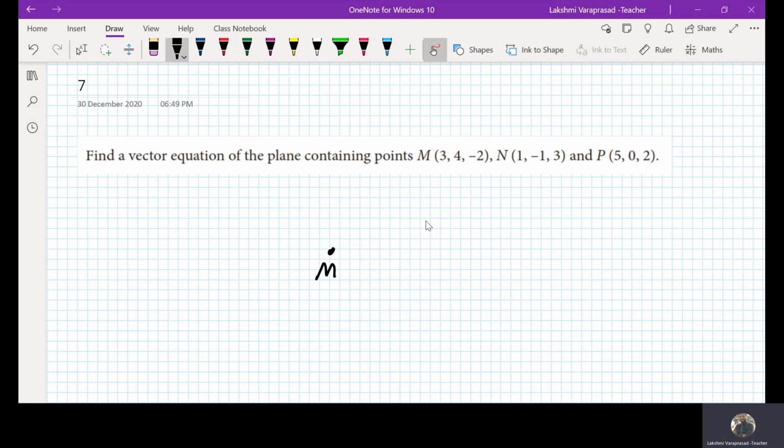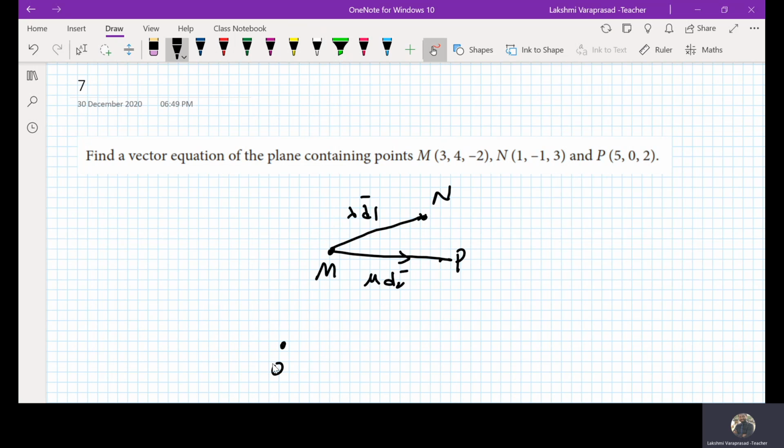Look, something called M here, N here, and P here. So this is one direction, D1, and this is another direction, D2. So lambda times of D1 bar and mu times of D2 bar.